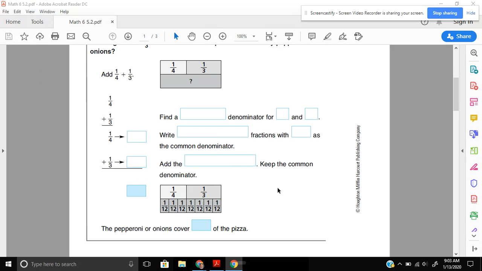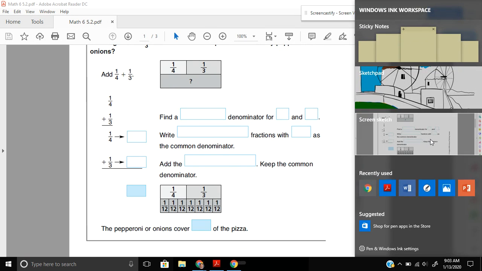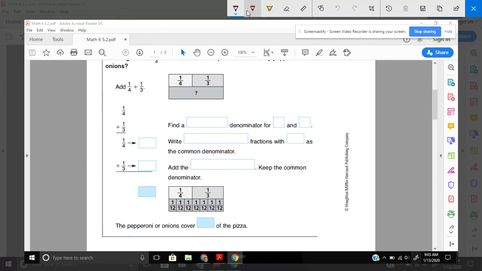Well, you'll notice that we've got fractions that have different denominators. And that's tricky because we cannot add two different fractions that have unlike denominators. We need to get them to where they have a common denominator.